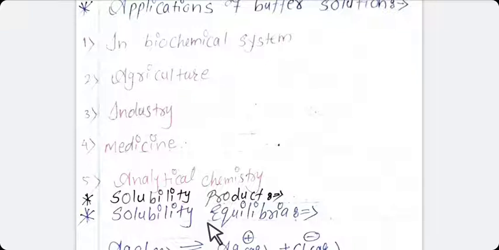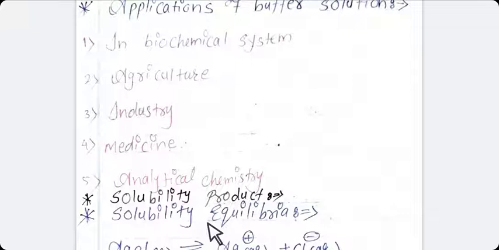As we know, it is a sparingly soluble salt. That's why a very small amount of silver chloride dissolves in water and forms its saturated solution. Most of the salt remains undissolved, because silver chloride is a sparingly soluble salt.